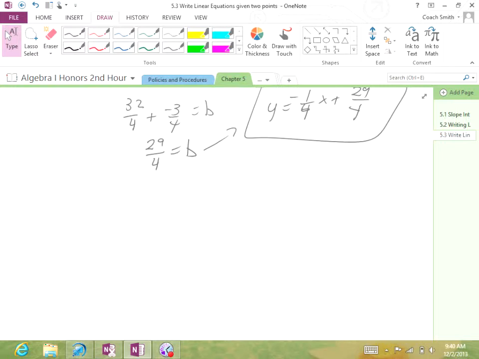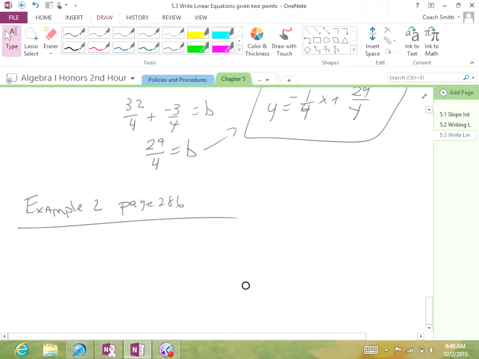Example 2 says write an equation of perpendicular lines. A says show that line segment AB and line segment BC are perpendicular sides of figure ABCD.